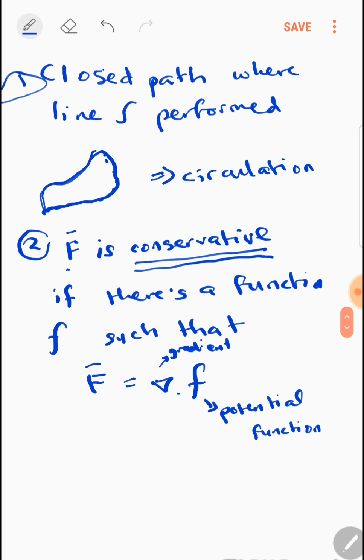Basically, if f bar equals nabla of f, the gradient of f, then f bar is what we know as a conservative vector.